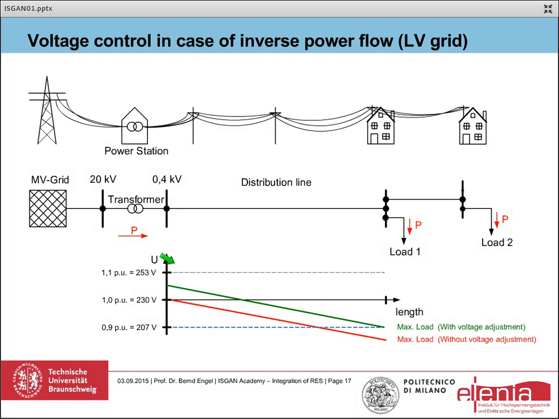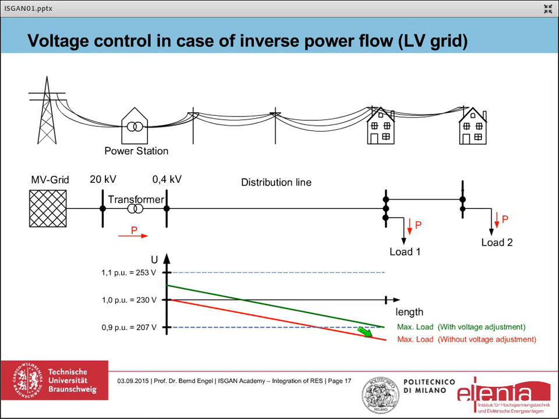In this case, we see in the red case that we have at the end of the distribution line less than 207 volt, so this is not allowed. So we have to change the voltage ratio between medium and low voltage level in the transformer.